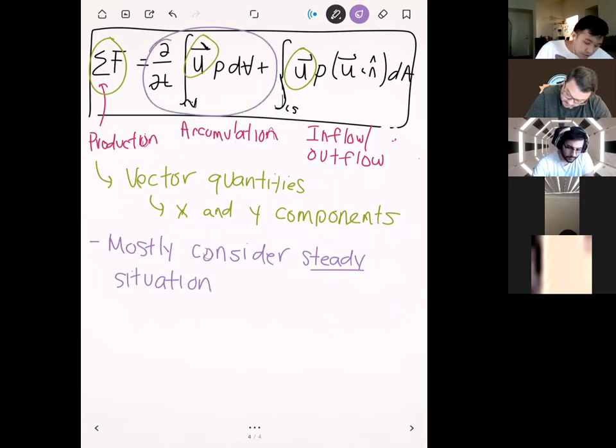If our situation was unsteady, our control volume would be accumulating momentum as a function of time. And if that's the case, the only way for that to happen is if our control volume is accelerating or decelerating.